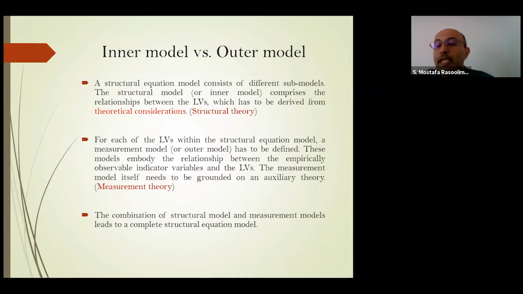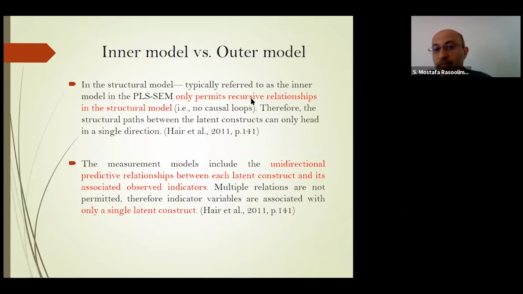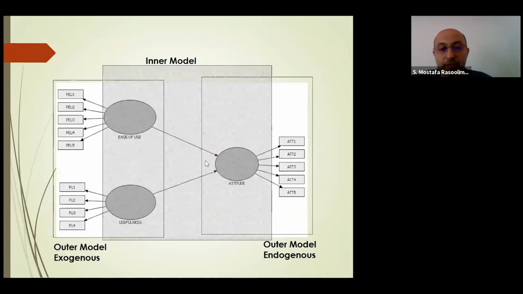Another one is inner model or outer model. Inner model and outer model, or a structural model and measurement model. Okay, here. Before going to inner model and outer model, here, exogenous and endogenous.